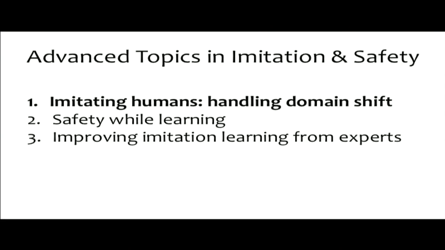Okay, so let's get started. So the first topic is going to be on imitating humans and handling domain shift, which is that in the previous lecture, when we talked about imitation learning, the applications that we discussed were mostly for autonomous driving or for drones, so essentially for mobile robotics.